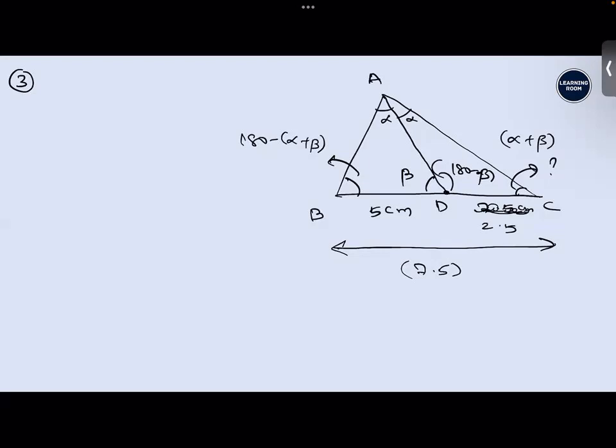Okay, then write the corresponding sides. They are in the same ratio. Which two triangles are similar according to you? CA. Okay, so which criteria?